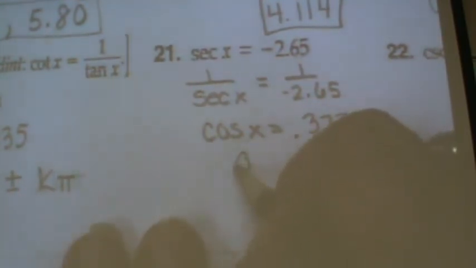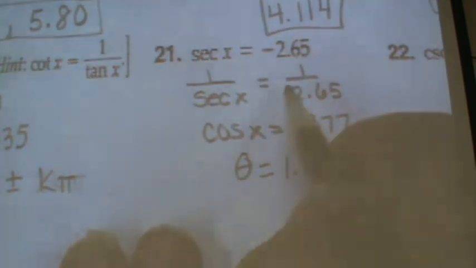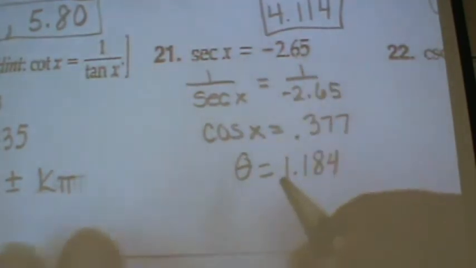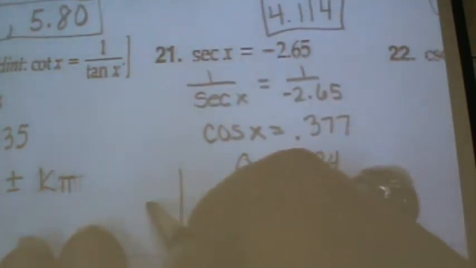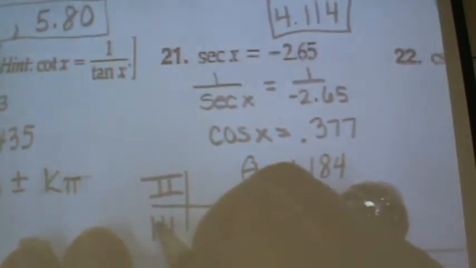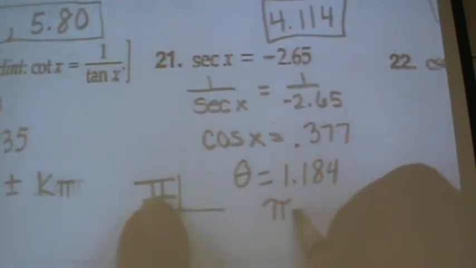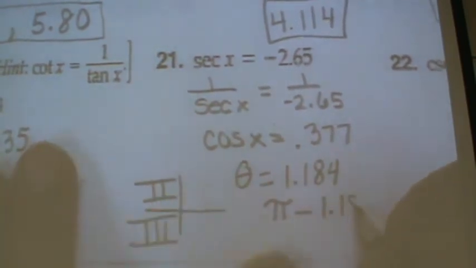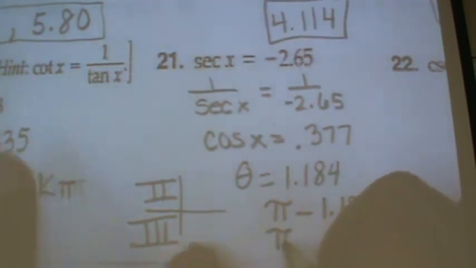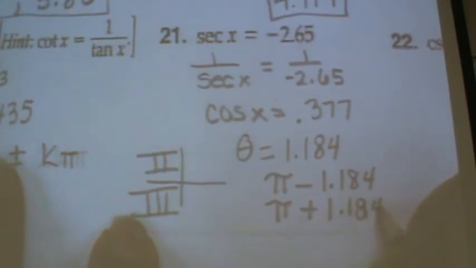And my reference angle is 1.184. But what 2 quadrants is cosine negative in? What 2 quadrants am I going to be in? 2 and 3. So to get the answer in 2, it's going to be pi minus 1.184, and then the other answer in quadrant 3, it's pi plus 1.184.